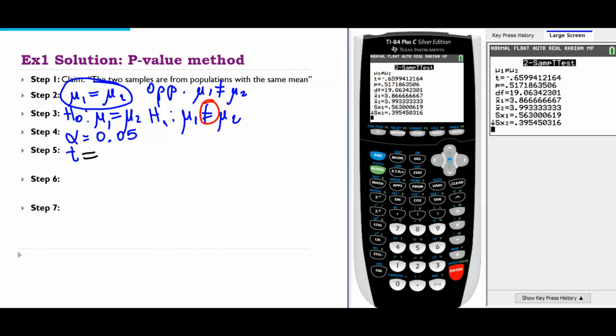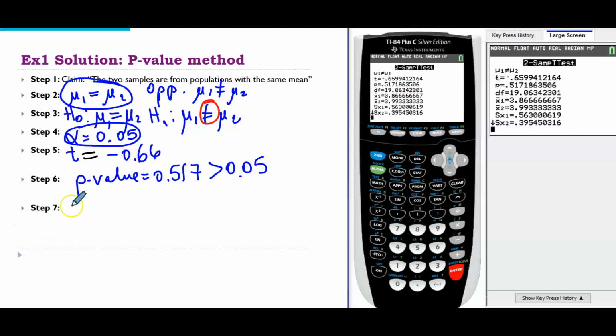The t-statistic is negative 0.66, rounded to 2 decimals, and the p-value is 0.517, which is much greater than our significance level of 0.05.